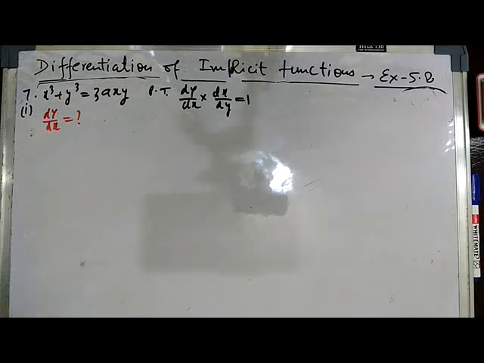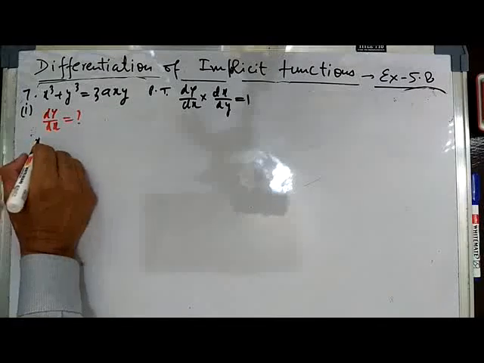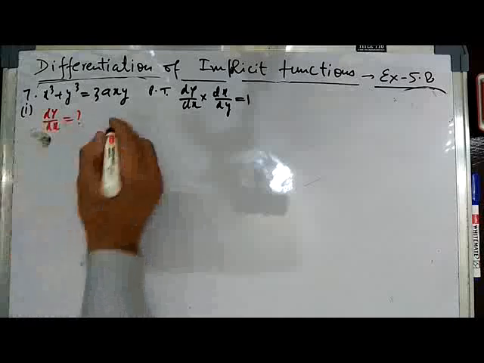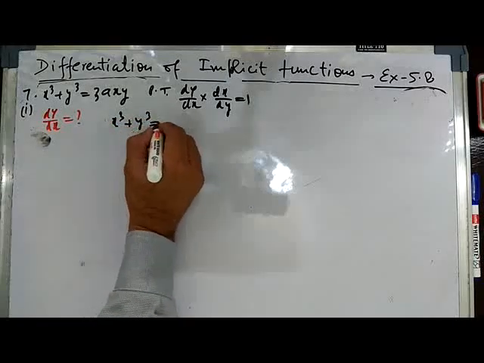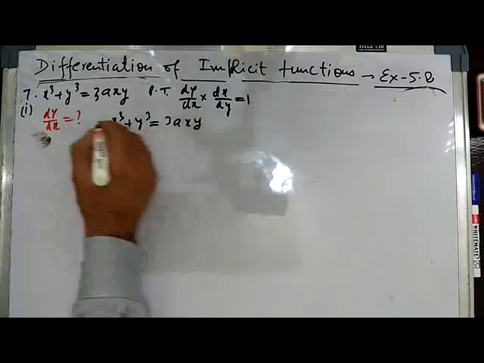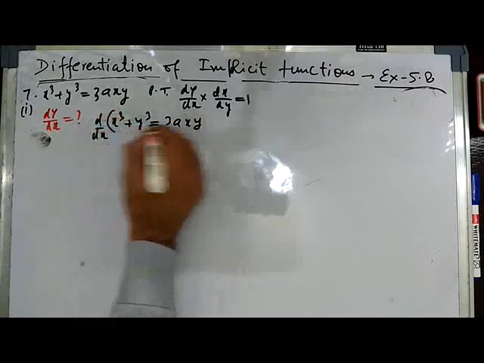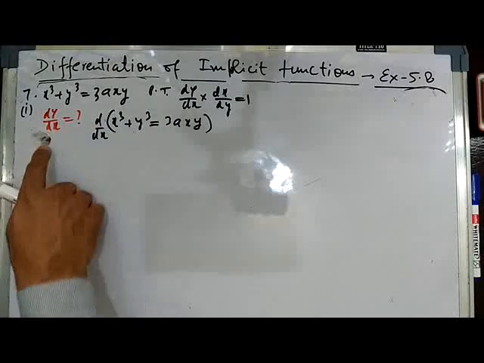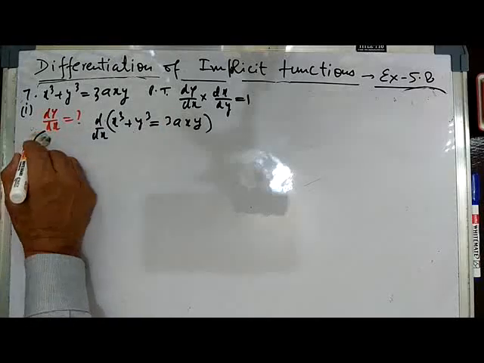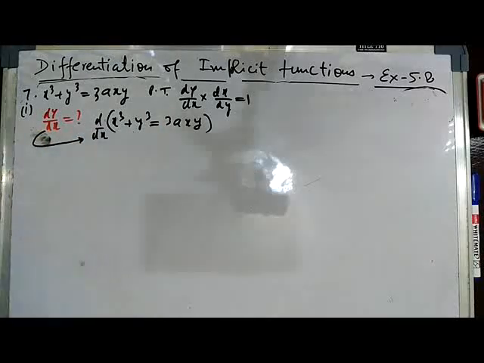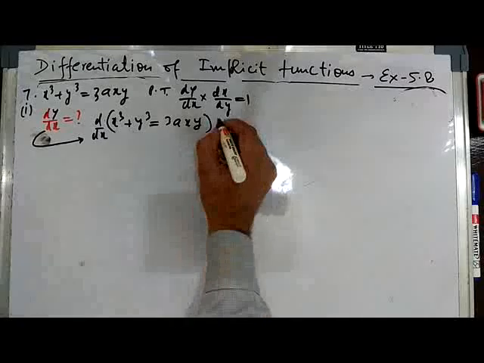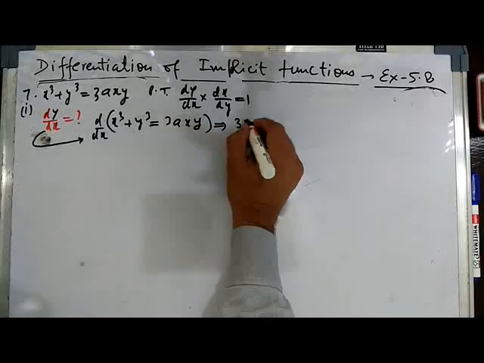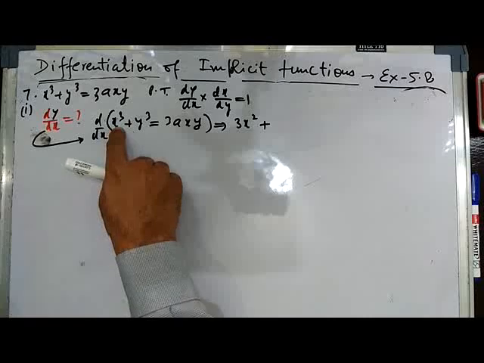So what to do now? For this entire question, x cube plus y cube equals 3axy, we apply the differential operator d/dx, because to find dy/dx we need to apply the operator d/dx. Understanding or not? So what happens? It is 3x square because here is x and there is x.